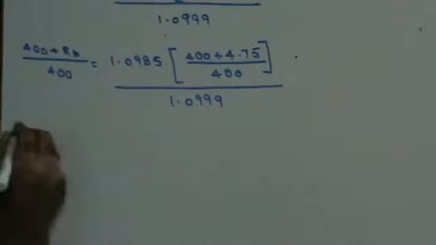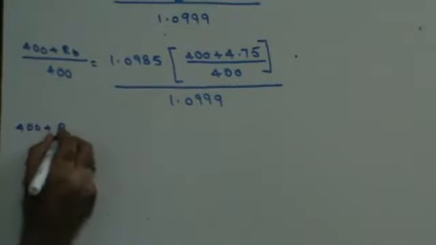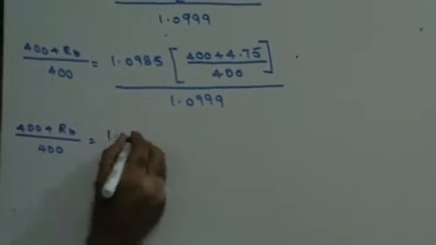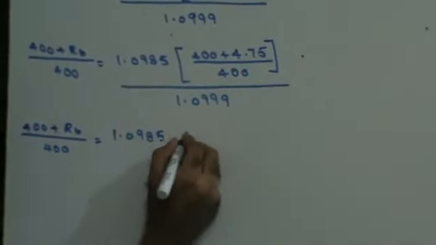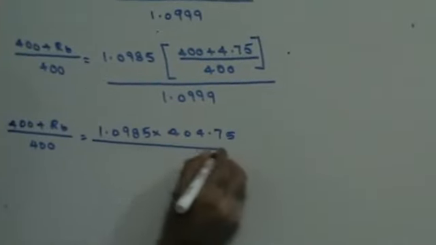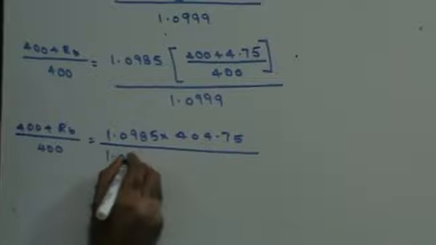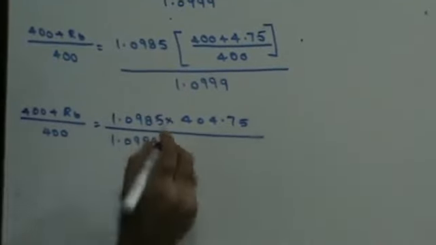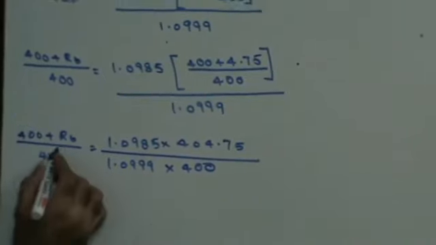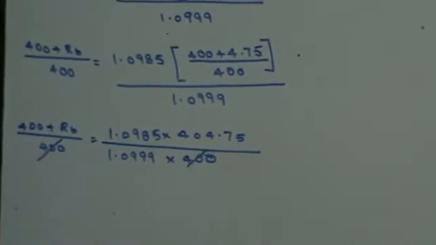If I solve this, it is going to be 400 plus RB upon 400 is 1.0985 into 404.75 upon 1.0999. This 400 is going to come in the denominator, so 400 and 400 get cancelled.